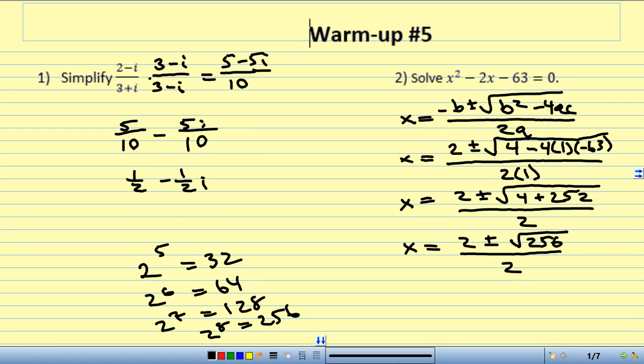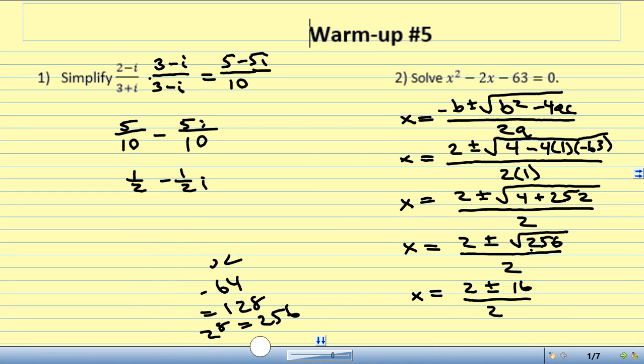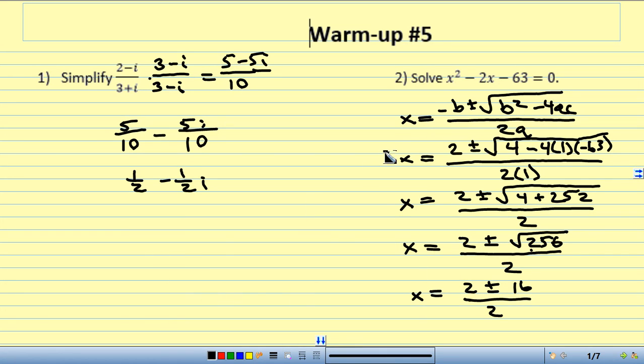So that means 2 plus or minus the square root of 256, which is 2 to the 4th, so that's just 16 over 2. Now I've got 2 plus or minus 16, so I can split that up, because this is plus or minus.